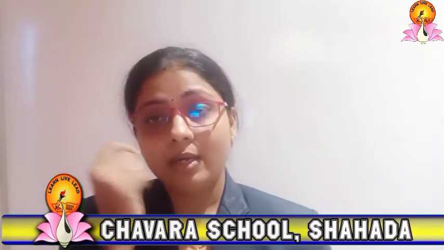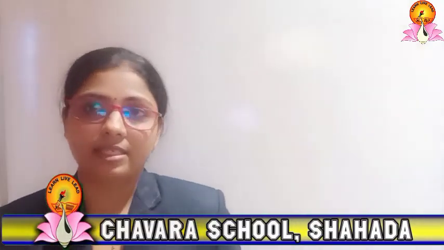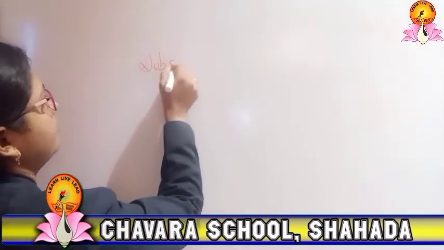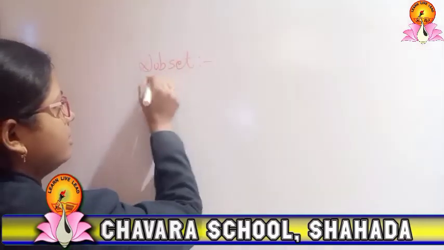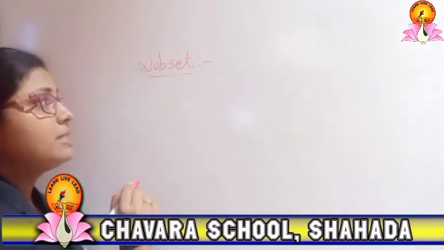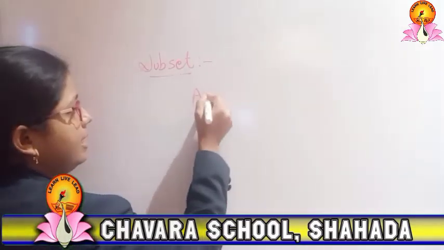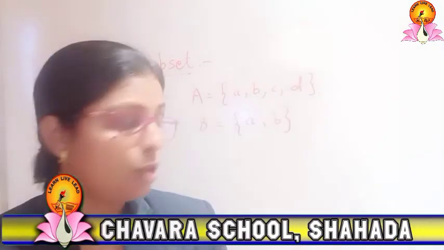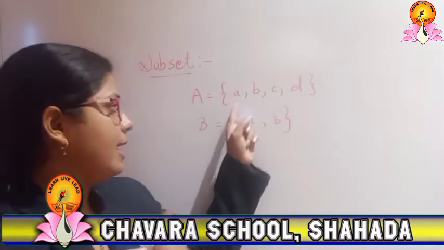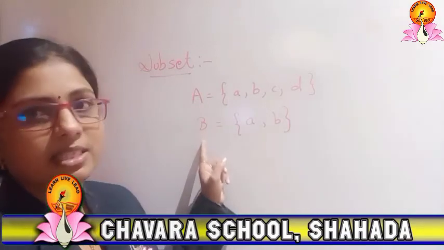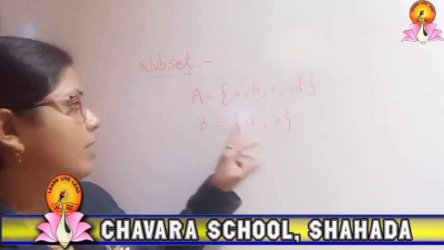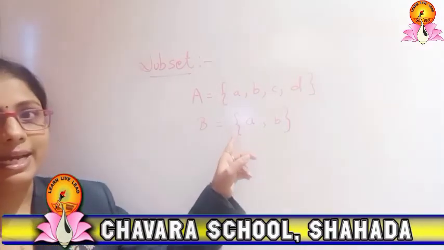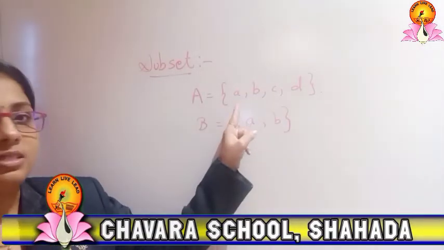Okay, now the next comes subset. Sub means what? Some part. So subset means some part. If I am writing A equals A, B, C, D, here you can see A and B are present in B set. So whatever A and B sets are, you will find that the common elements are A and B in both.